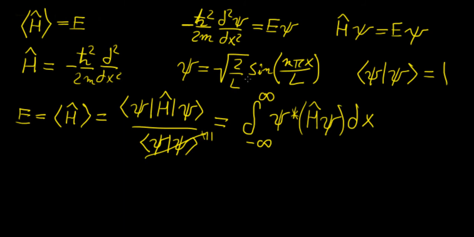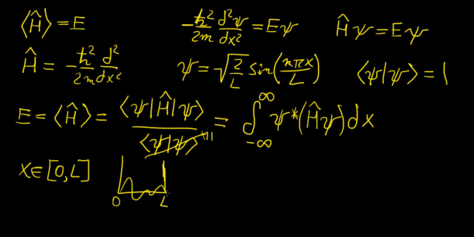Now, there is a trick to this, and it is that the problem is only defined within this interval. We have 0 and L. So basically we have a box or a well, an infinite square well, that goes from 0 to L, and then the wave function only exists inside those two boundaries, because if the potential is infinitely high on both these sides, then we should expect that there will be no probability amplitude of the system existing outside of this infinite square well.